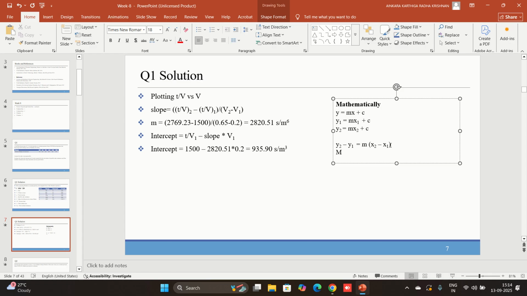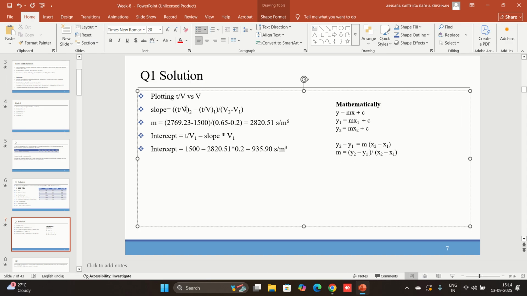Now m is equal to y2 minus y1 divided by x2 minus x1. This is what we do, right? What is slope? It is dy by dx. So here we are doing t by v, that is y.